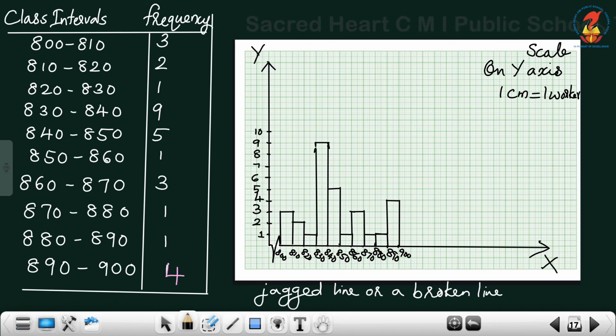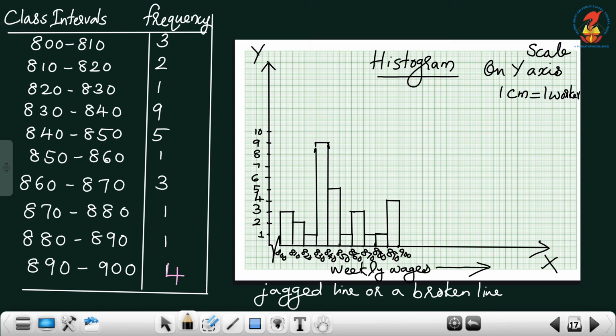So here we have the histogram. The weekly wages, or you can write the class intervals, are given on the x-axis, and on the y-axis the number of workers.